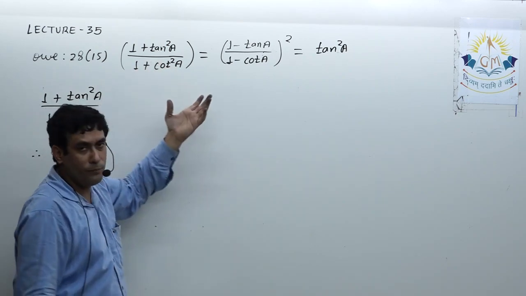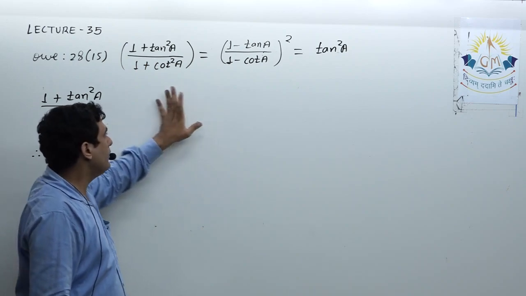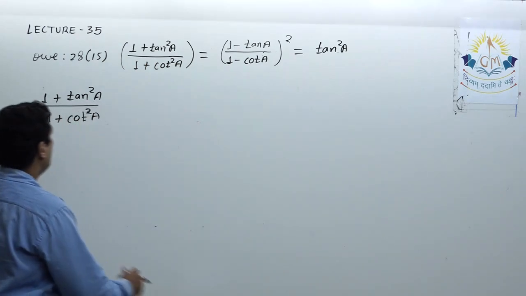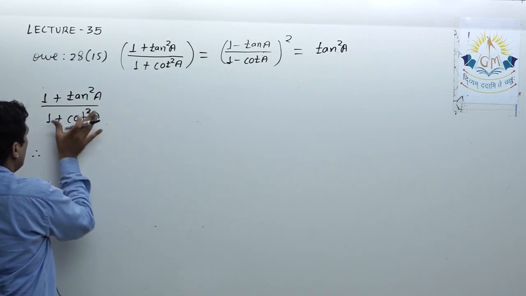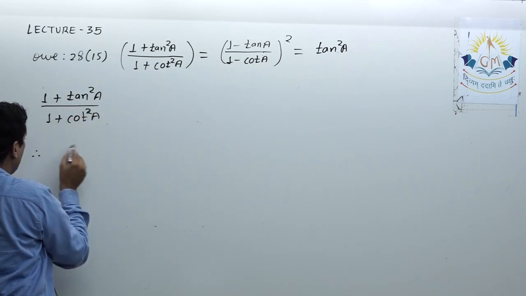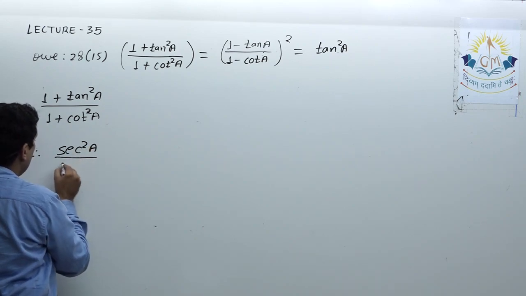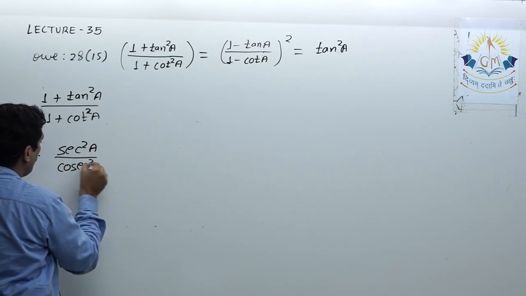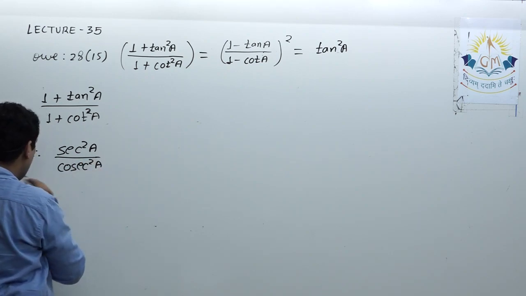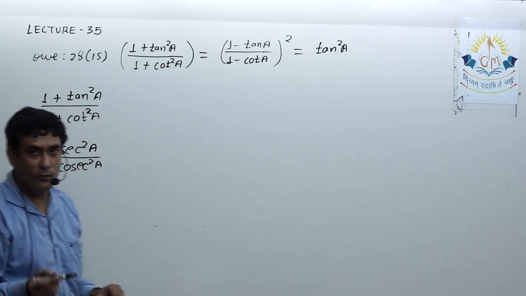Even if you convert, you will get the same answer, but it will take longer. So here I write 1 plus tan square A as sec square A, and over here it is cosec square A.